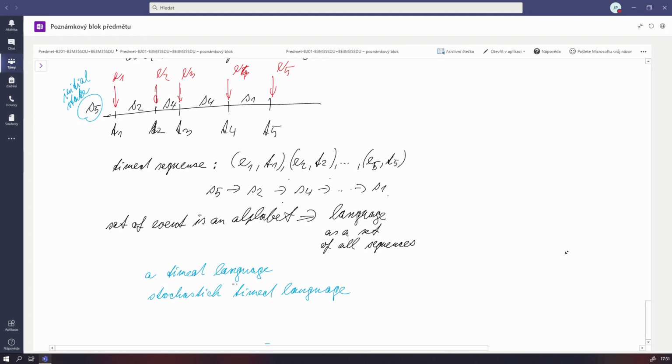So if we assign these three ways of describing discrete event systems to our course, we will start with untimed sequence or logical behavior of the systems. Then we will move to a timed language as a second part, and as a third part to the stochastic timed language.